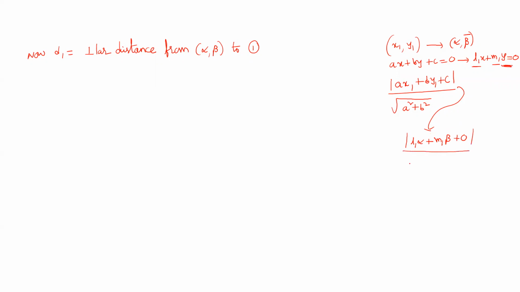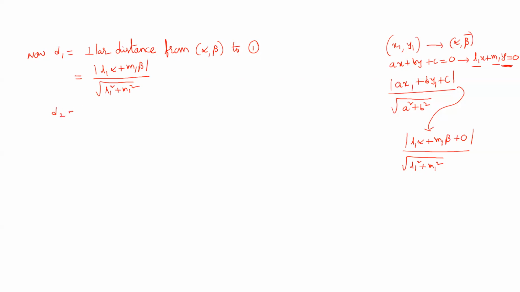By root of a square means L1 square, b square means M1 square. So this we are going to get here: mod of L1 alpha plus M1 beta by root of L1 square plus M1 square.